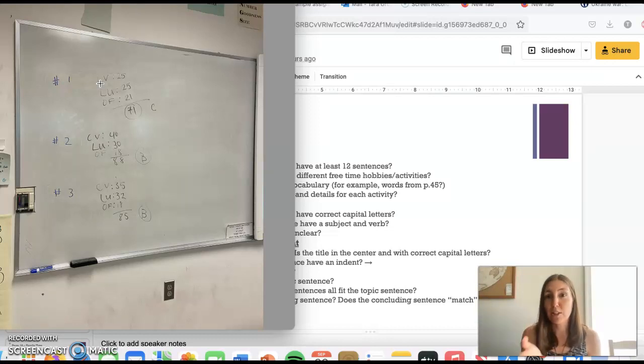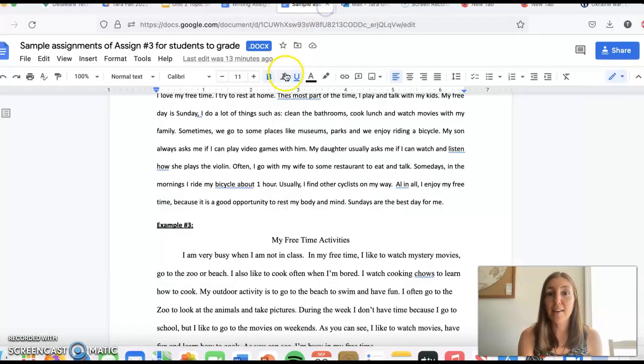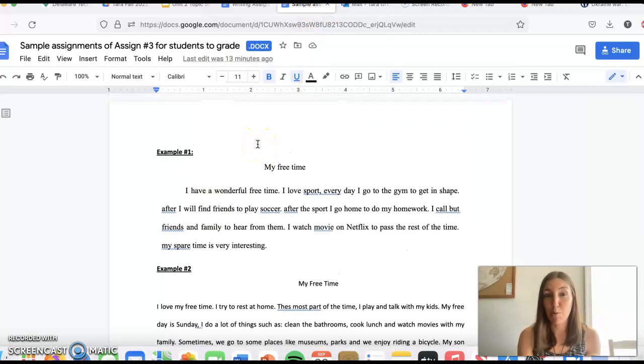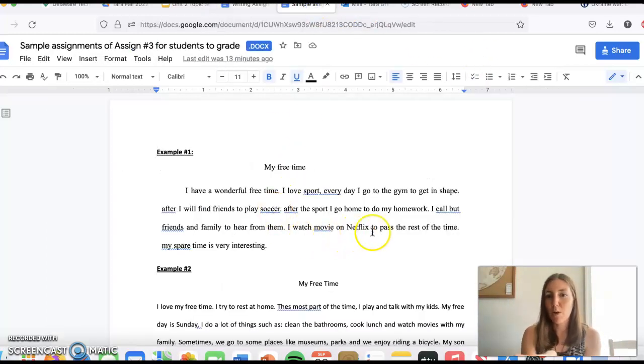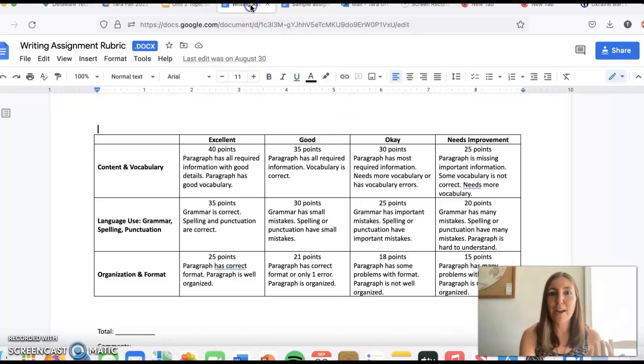For example, the first sample paragraph only had 7 sentences, and it was supposed to be 12. So I asked them, can we give 40 points for content if it only has 7 sentences? And everyone said no. And we talked about how the first paragraph mentions, I like to watch Netflix, but it doesn't say what type of shows or how often, or if they watch alone or with their family.